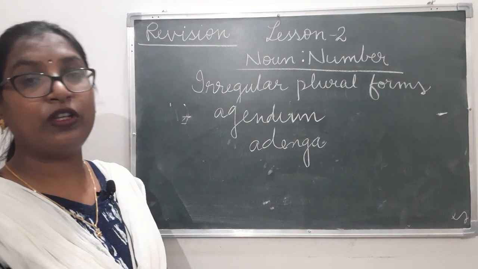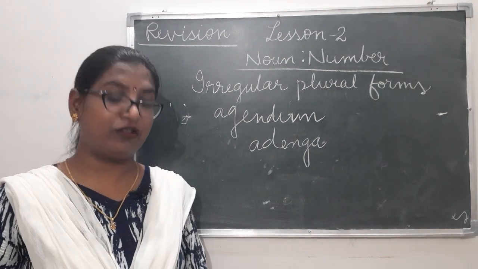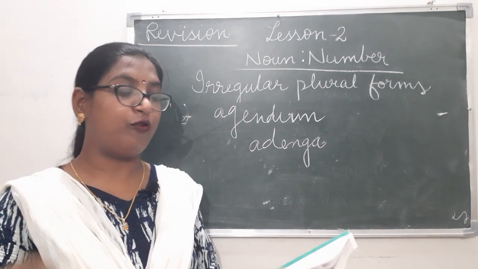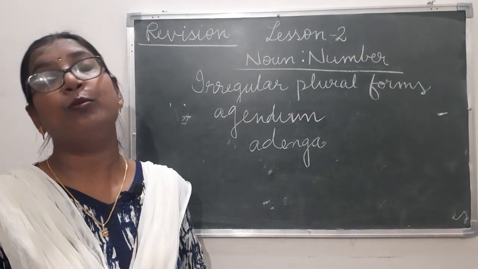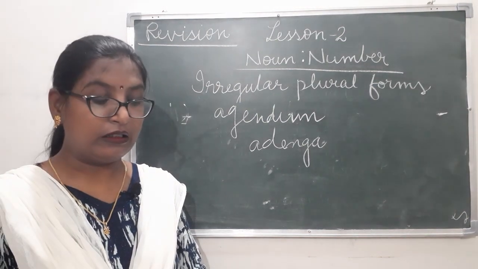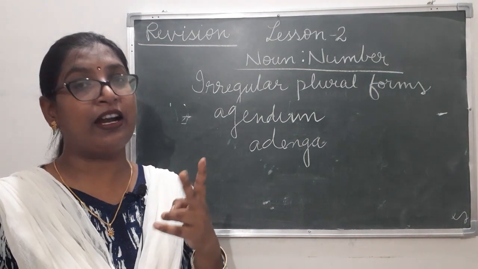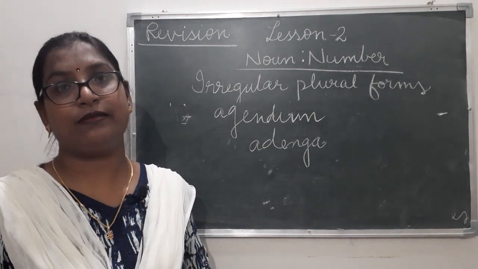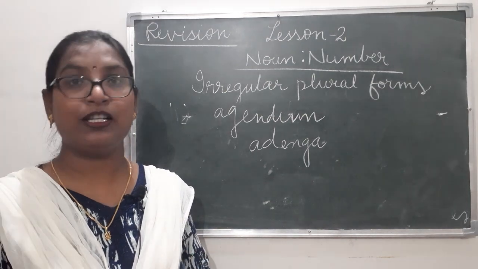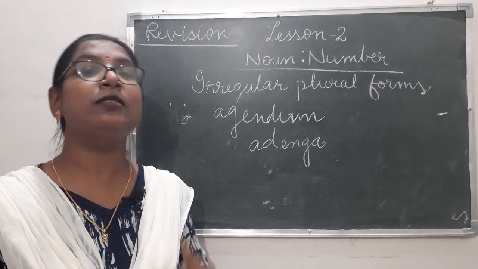Now, some more important points I would like to tell you. The names of objects that have two essential parts are always used in plural. For example, pants. It is having two parts. We never say pant. It is always pants.